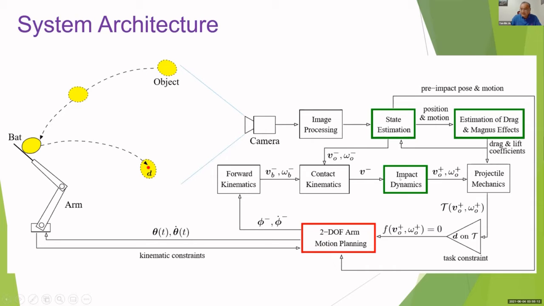Through the contact kinematics and impact dynamics, and impact usually lasts 1/10 of a second, it generates post-impact velocity and angular velocity. And then the object is open loop, you have no control after the bat, so the object is supposed to go to the target. That is used as a task constraint.